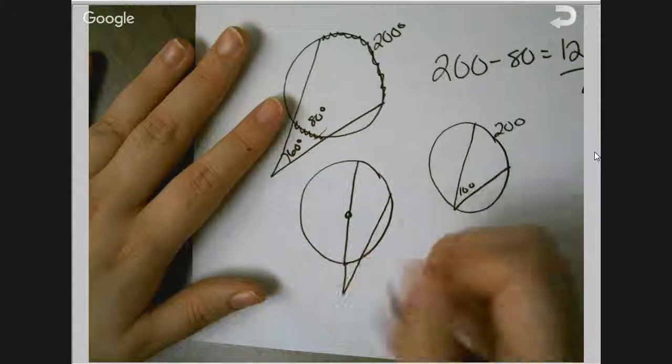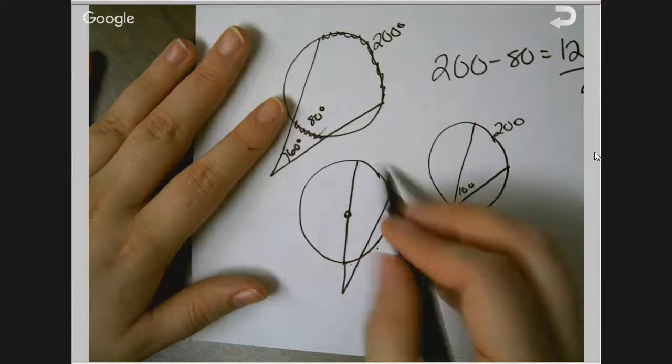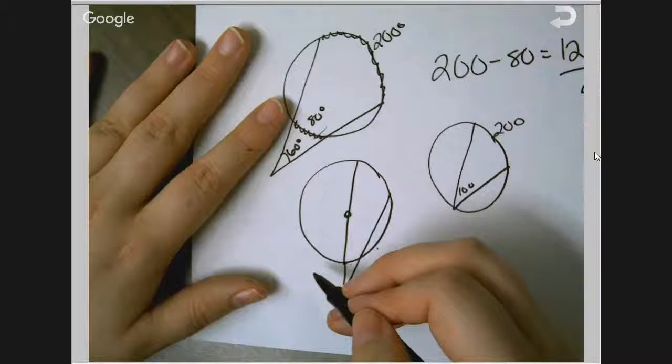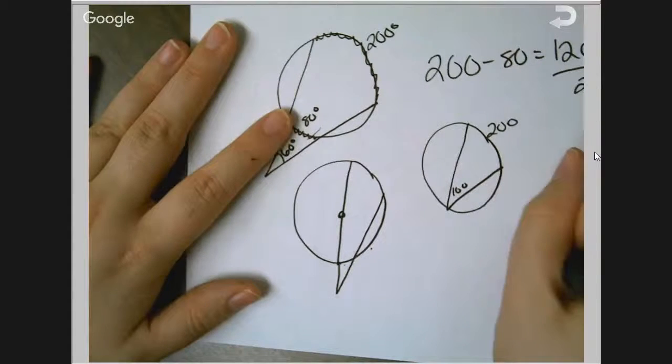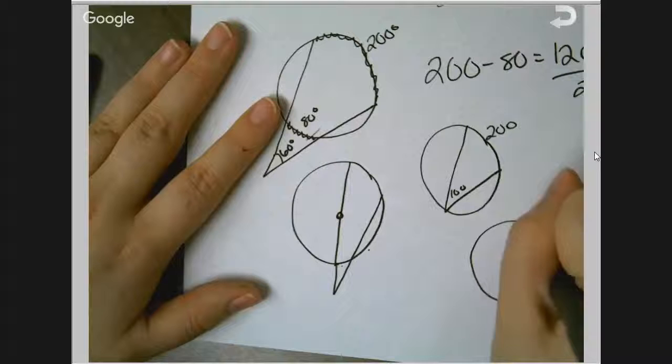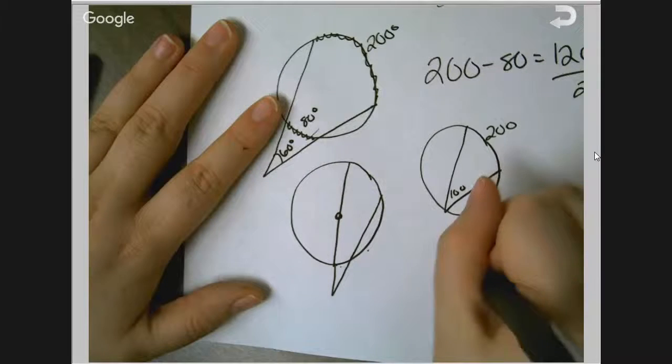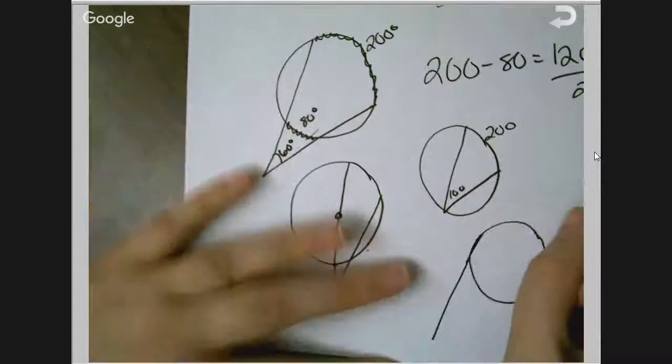They could give you maybe these two, and you'd have to find that by knowing this part's 180. Okay? Or they really like to do this, if I can draw it accurately.